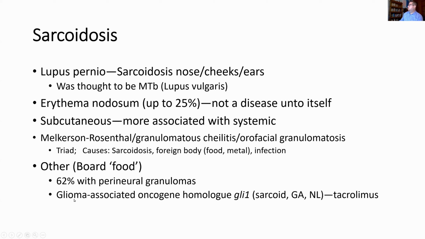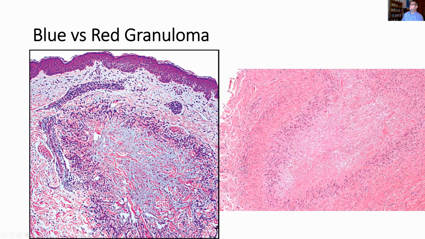And then for boards, know this, the GLI1 oncogene homolog, we know that it's associated with sarcoidosis, granuloma annulare, necrobiosis lipoidica, and this is one of the reasons we use tacrolimus or sirolimus in treatment.